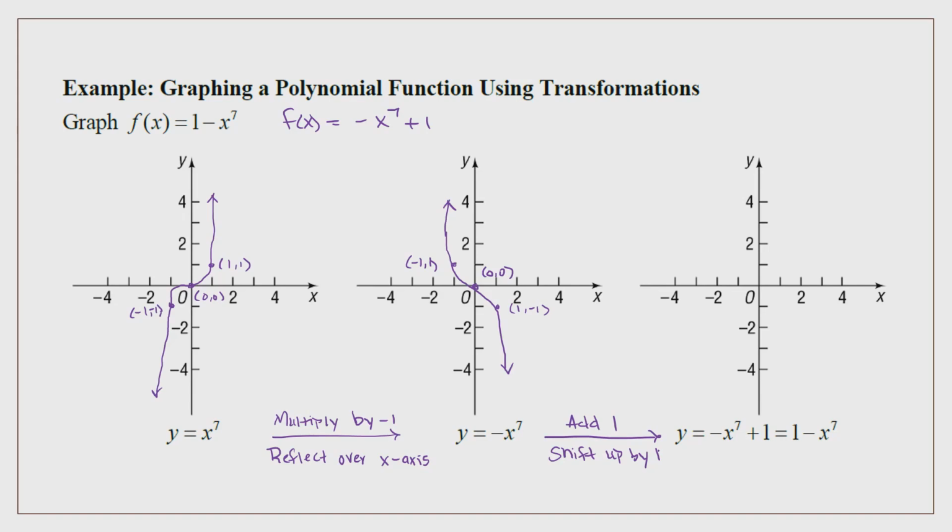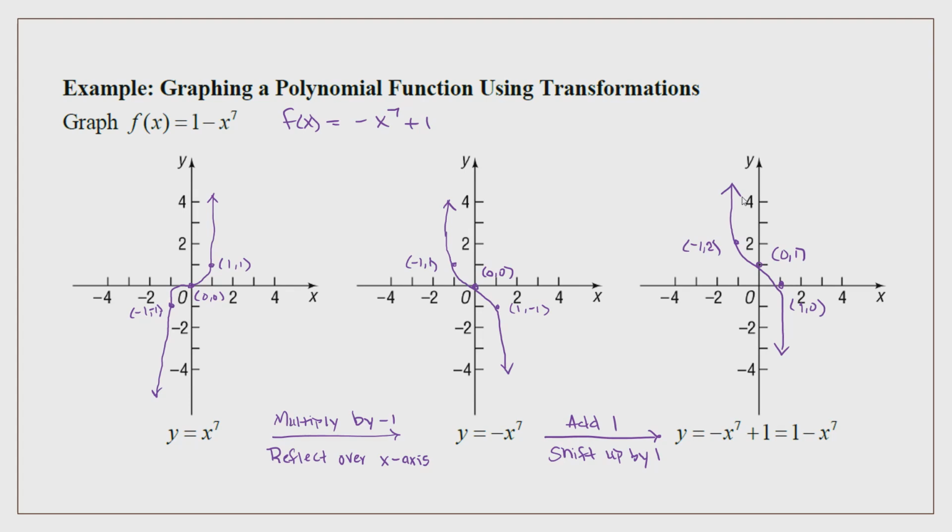So we're using transformations to graph f of x. So my point (0, 0) is now going to be (0, 1). My point (-1, 1) is now going to be (-1, 2). And my point (1, -1) is now (1, 0). And then we can do our graph here. And so now that is the graph of f of x. So we use transformations to help us get our graph.